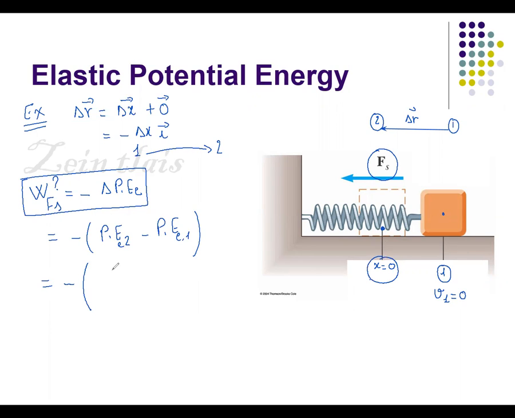And you know the elastic potential equals half k x square, minus, at the position 1 we have x, from here to here.